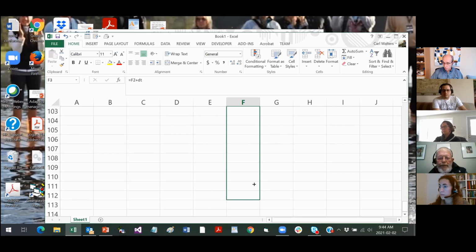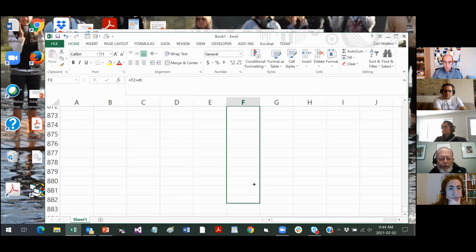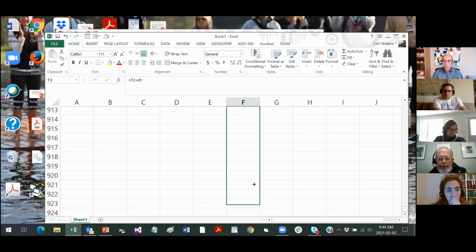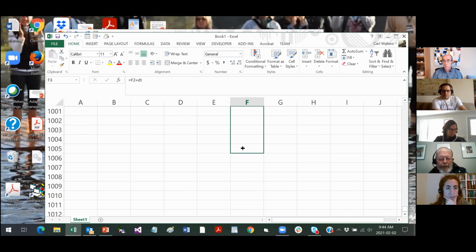But I'm going to drag it way down on the spreadsheet, down to row 1000. This takes just a few seconds to drag that formula all the way down. About 1,000 steps.